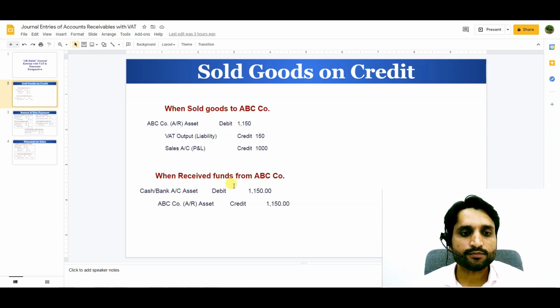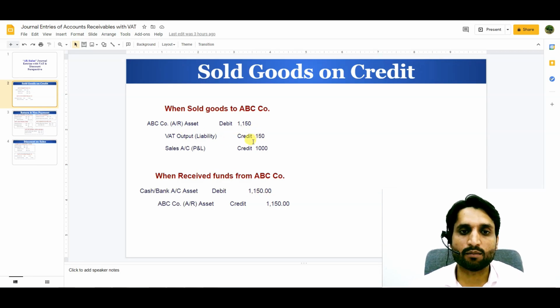Now when we are receiving funds from ABC company after 30 days maybe, we receive either cash or bank, like a check or online transfer to our account. That account will be debited by 1150, not 1000 only or not even 150. So 1150 including the value added tax.